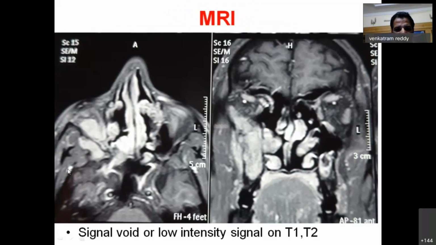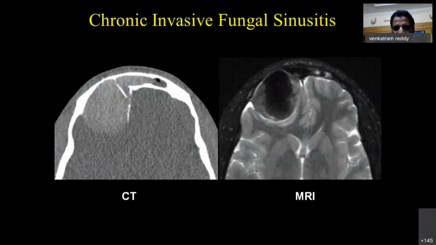On MR, there is a signal void or low intensity signal in both T1 and T2. In chronic invasive fungal sinusitis, if you take an MR, you have a signal void or low intensity in both T1 as well as T2. That is a very characteristic feature. This is again a chronic invasive case. In the CT scan and MR, you can see very clearly the difference.